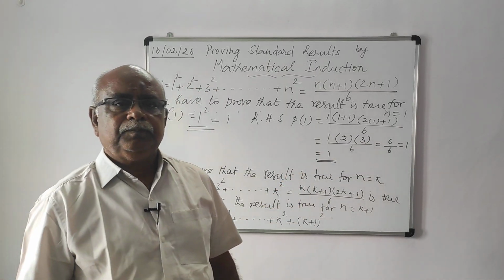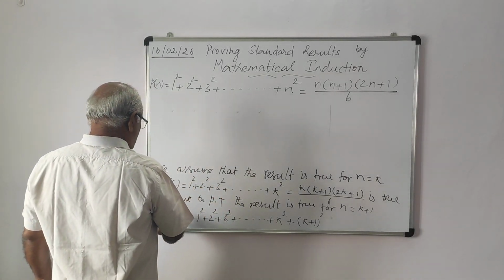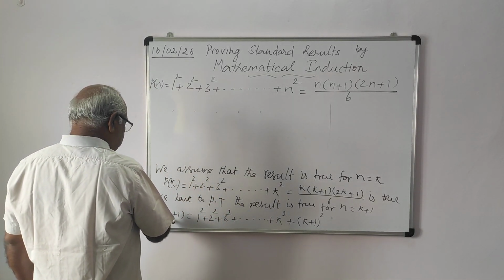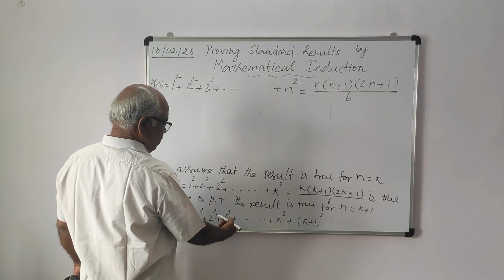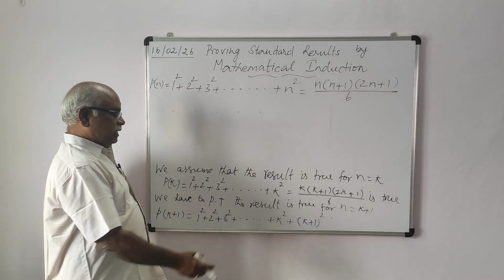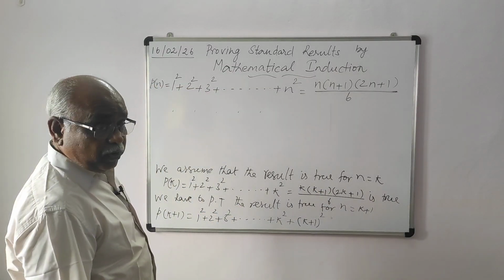Now, we have to prove that the result is true for n equal to k plus 1. For that, left hand side is 1 square plus 2 square plus 3 square plus k square plus k plus 1 whole square. But what we have to prove?